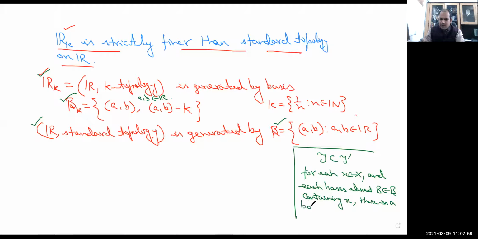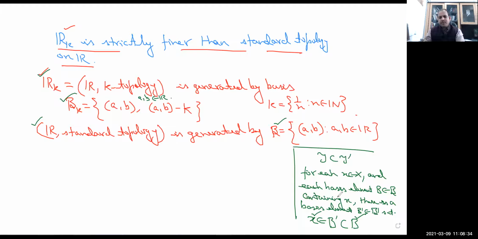There is a basis element such that x belongs to B and B dash is contained in B. This will be given to you, and one needs to check whether this holds or not.